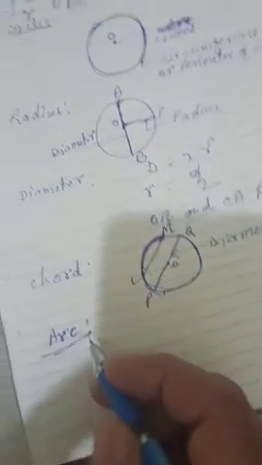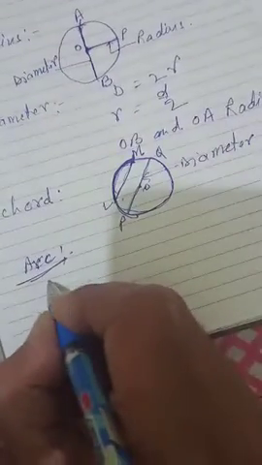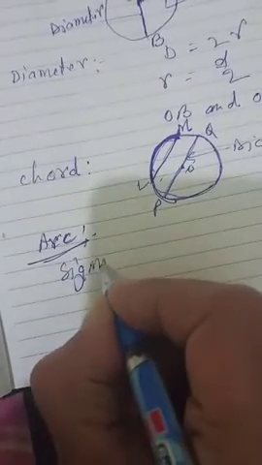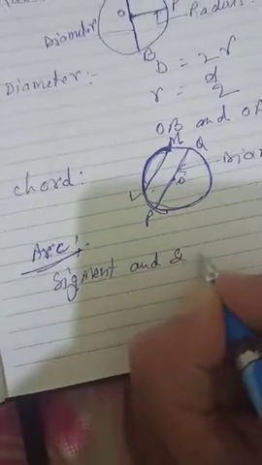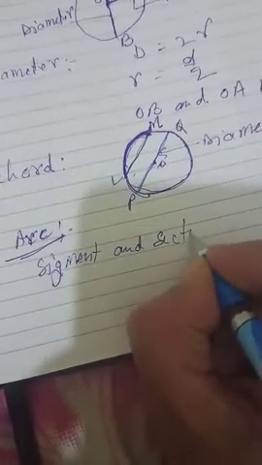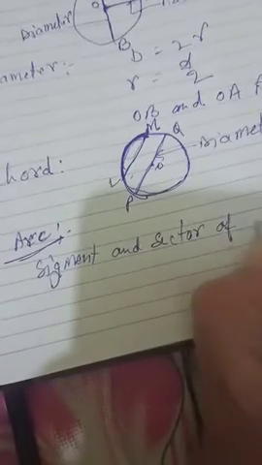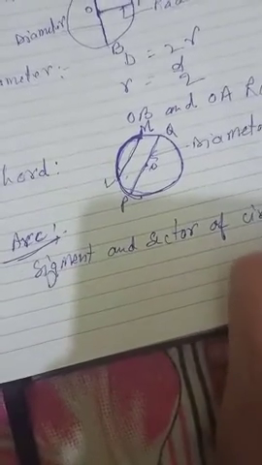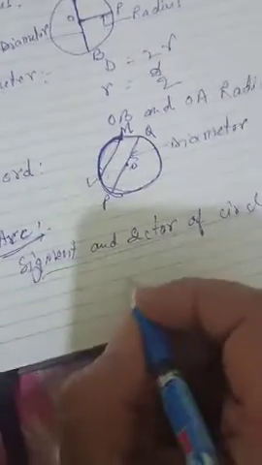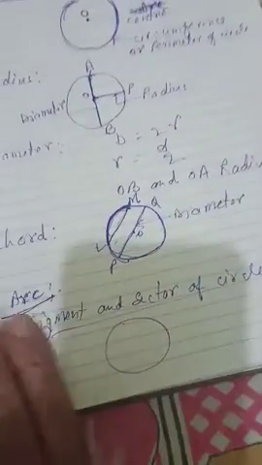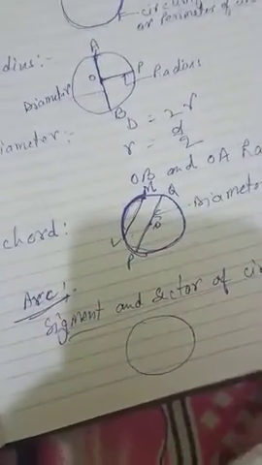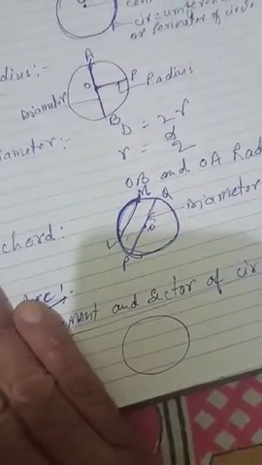Now segment and sector of the circle. The segment is the region between the chord and the arc.